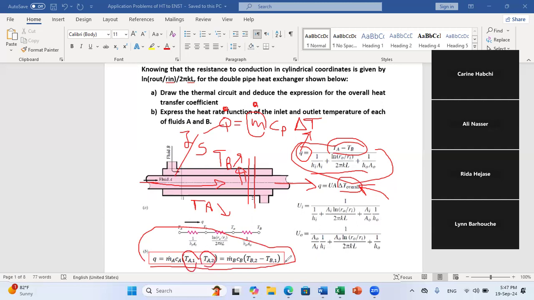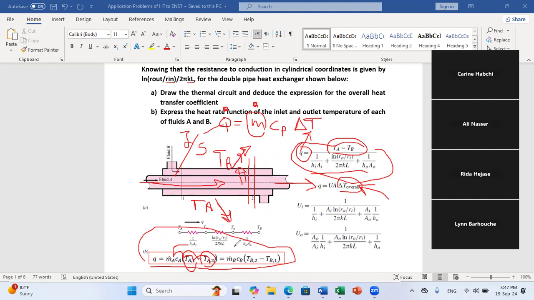While for B, we'll take the opposite, T out minus T in, because what is happening is that the temperature of A is decreasing because heat is lost by A, while the temperature of B is increasing since B will gain heat. So this heat exchange, in absolute value, is M dot Ca (Ta1 minus Ta2) equals M dot Cb (Tb2 minus Tb1).